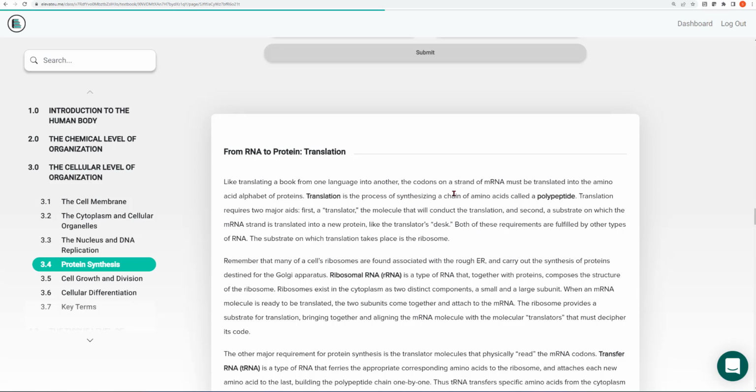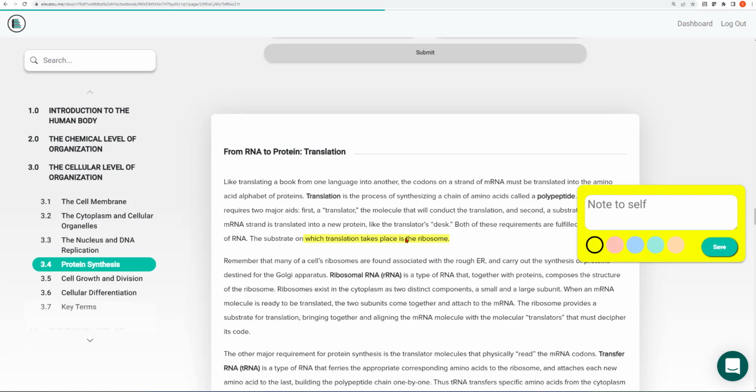So once you have made the mRNA, that mRNA molecule is going to leave the nucleus, and it is now going to undergo the process of translation. Translation happens out at the ribosomes, and therefore you can say that translation always takes place in the cytoplasm, right?